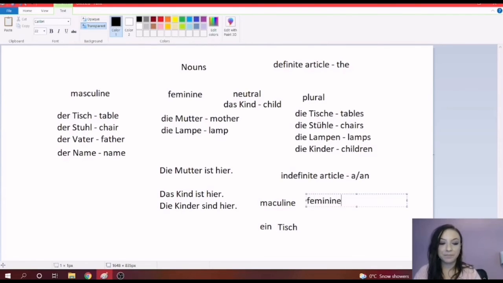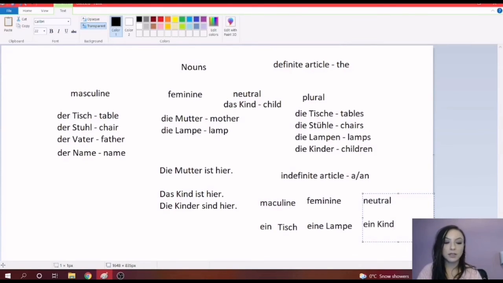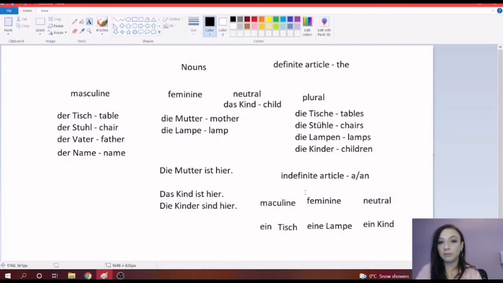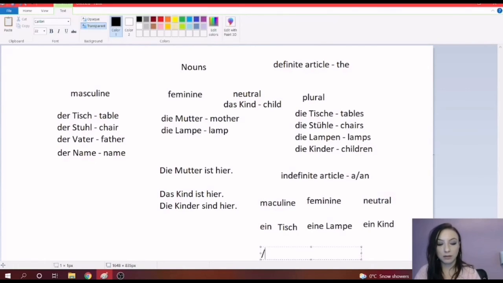Feminine would be eine, eine Lampe. Neutral would be ein Kind. And plural is no article, the same as in English. So we would just say, let me type like this, plural would be Kinder, just Kinder, no article.